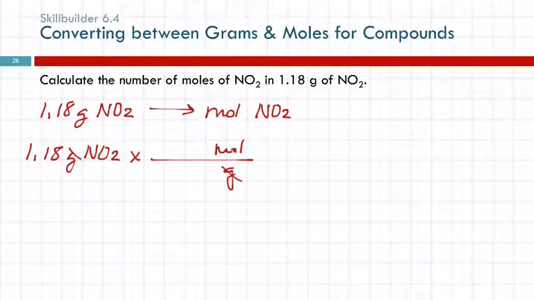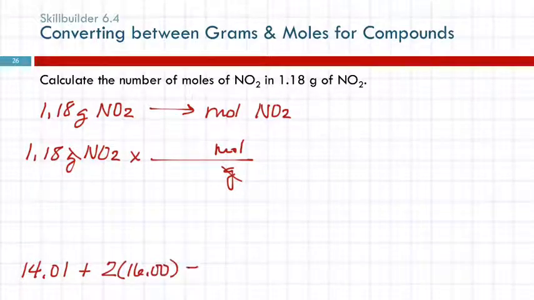So in the last slide, I wrote the whole thing out with all of the units. I don't think that's necessary every time when you calculate a molar mass. Here, look at the formula. There's one nitrogen, so write down the mass of nitrogen. There are two oxygens, write down the mass of the oxygen. 14.01 plus 2 times 16 equals 46.01.